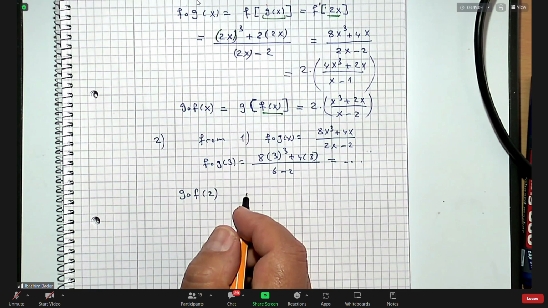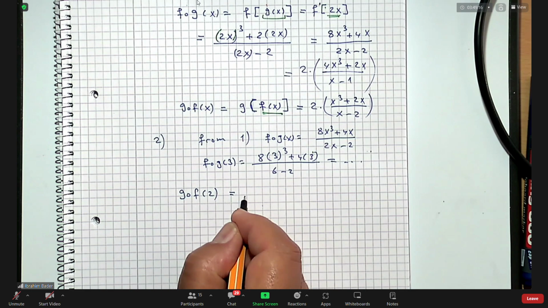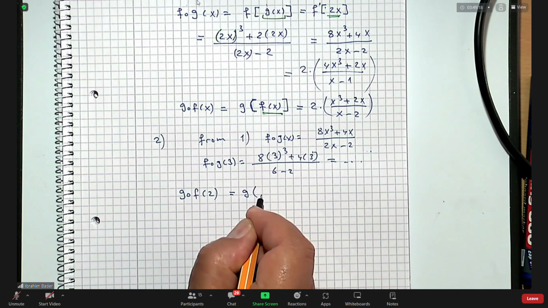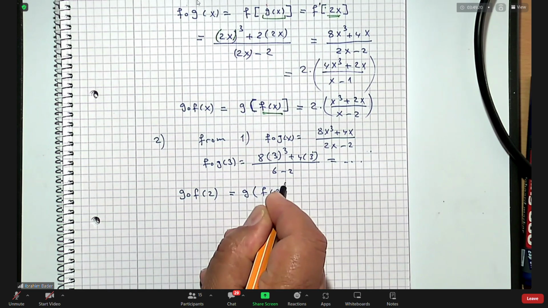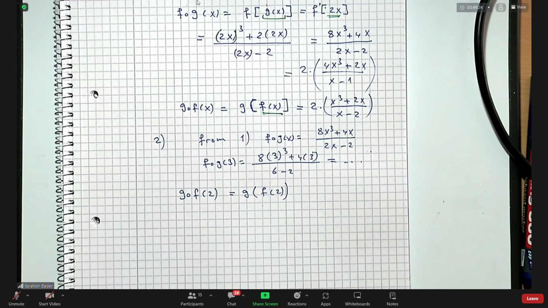Now imagine, now what I do need to do, I need to plug in 2 to evaluate F of 2, but F of 2 is not defined because this will cause the denominator to be 0.